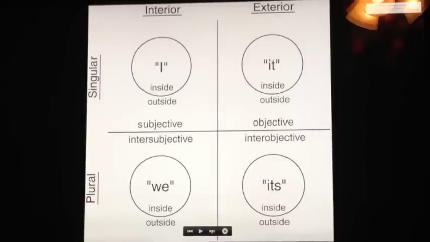So the idea behind the integral methodological pluralism is to take into account all of these different methods of getting at different types of truths.